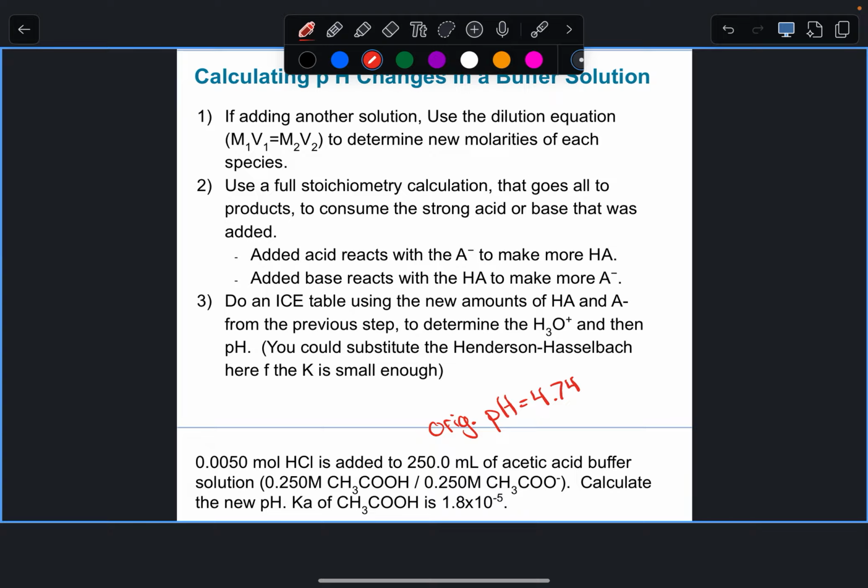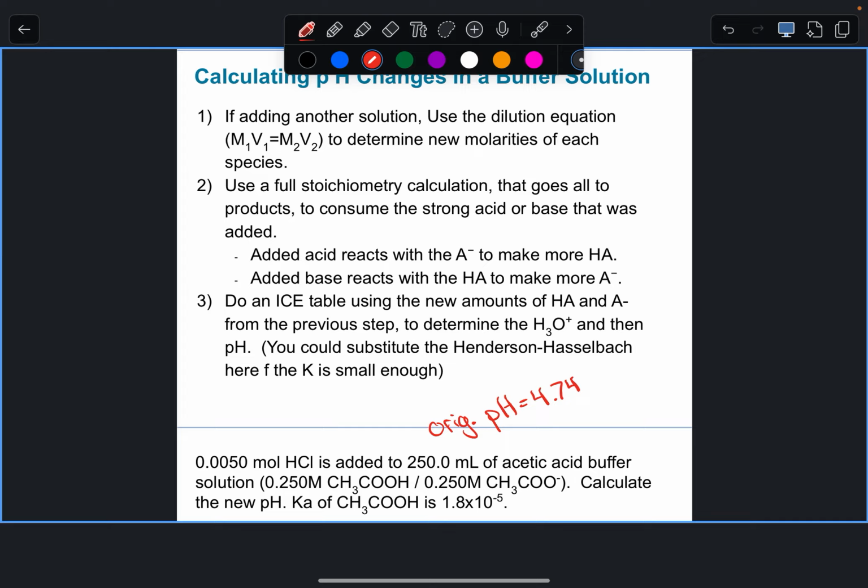But I just want to make note of that so we can see how it changes. Okay, so I've got this thing and it says I add 0.005 moles of HCl. Okay, so I'm adding a strong acid to this buffer and it wants me to calculate the new pH.